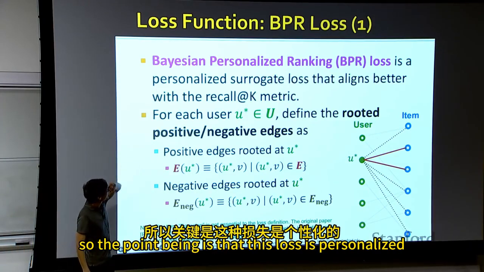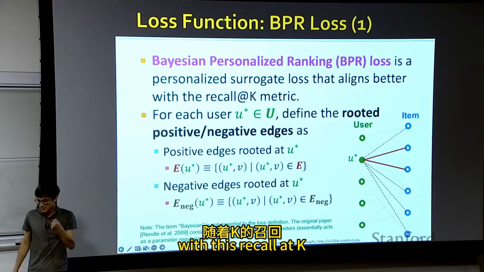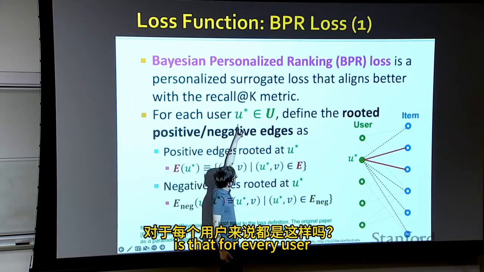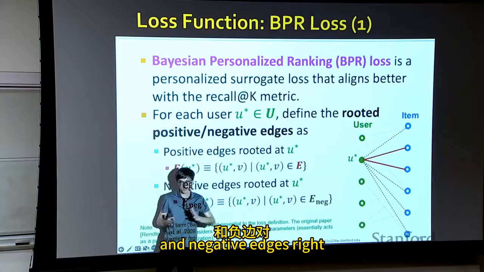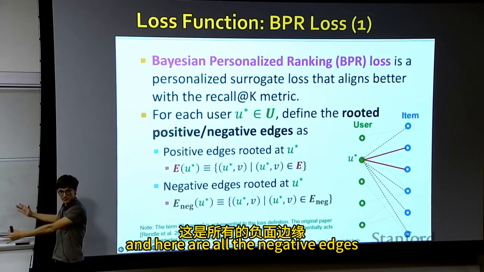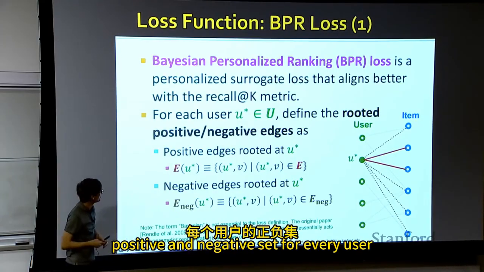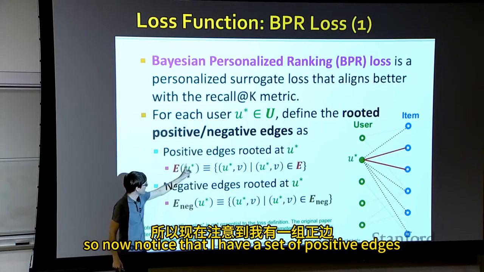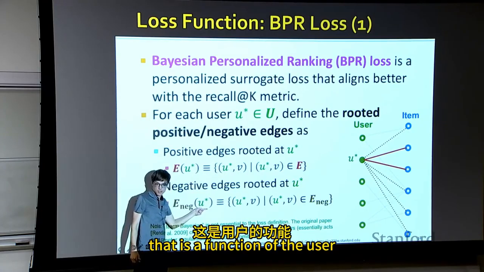So the point is that this loss is a personalized surrogate loss that aligns well with recall at K. And the way it works is the following: for every user, we will now define a set of positive and negative edges, right? So rather than saying, here are all the positive edges and here are all the negative edges, now we are going to have a positive and negative set for every user. So notice that I have a set of positive edges that is a function of the user and a set of negative edges that is a function of the user.